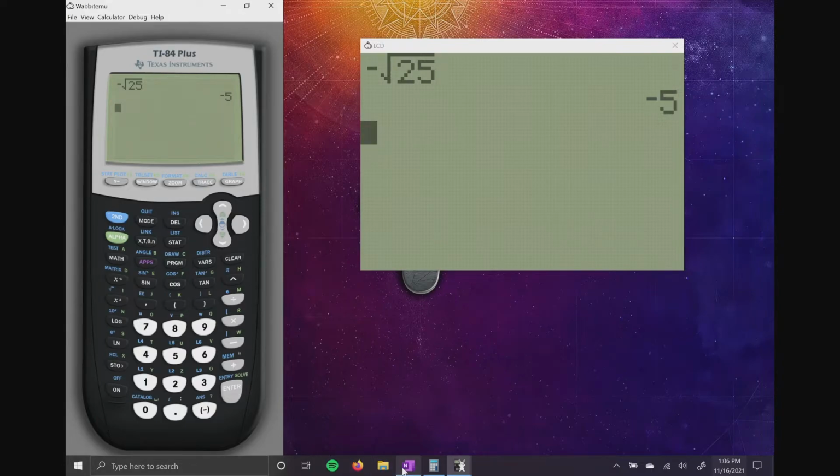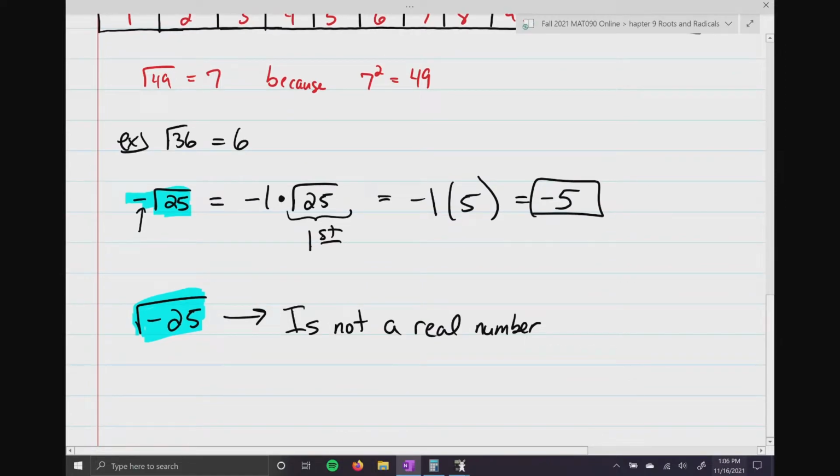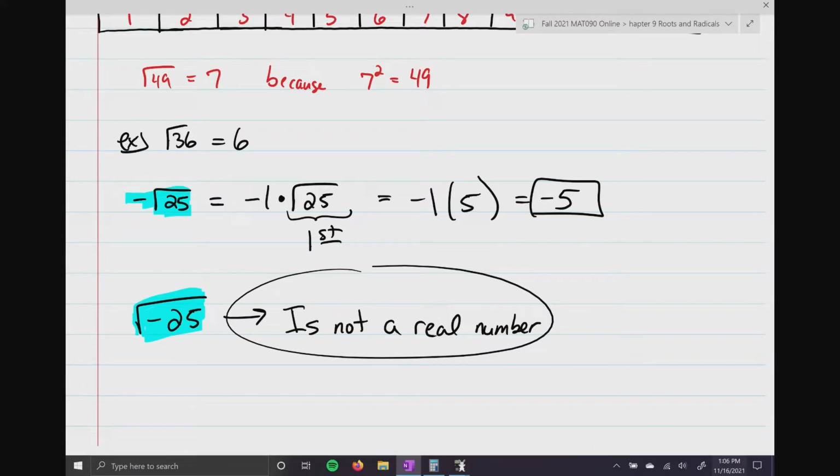So these two problems highlighted in blue are vastly different problems. One gives you an answer and the other one is not a real number. If you take me for Math 108, you will see why, and you will see what the answer actually is. But for us right now, don't even worry about it.